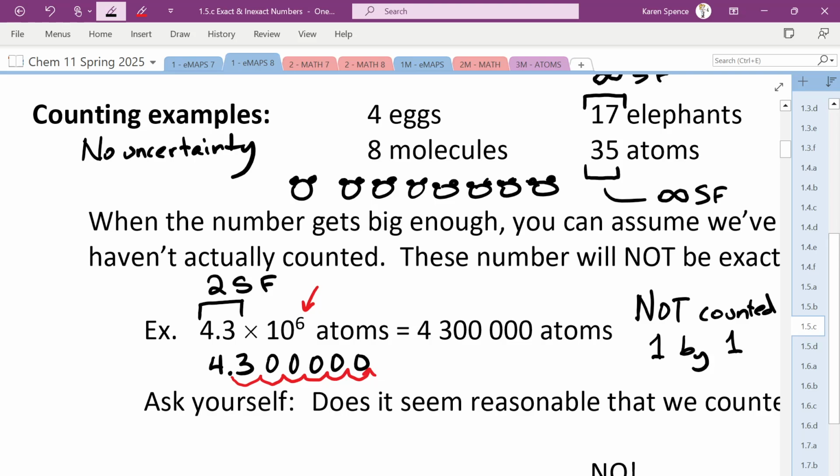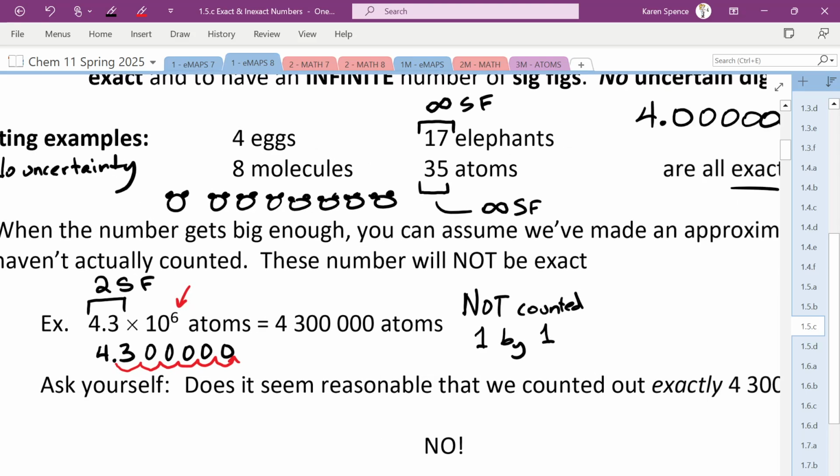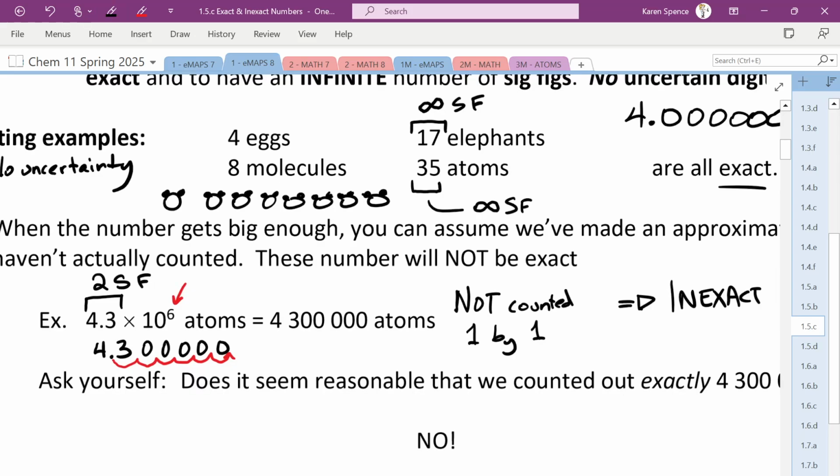1 atom, 2 atoms, 300 million atoms, 400 million. No, okay? We're not counting that high. All right? And if it's not counted, it's going to be inexact, and it will have a specific number of sig figs.